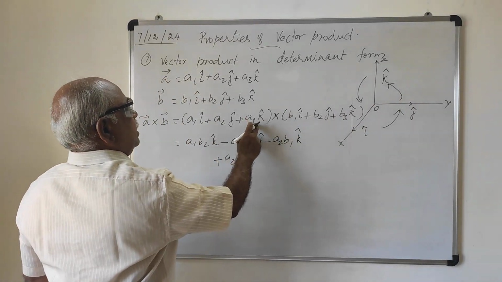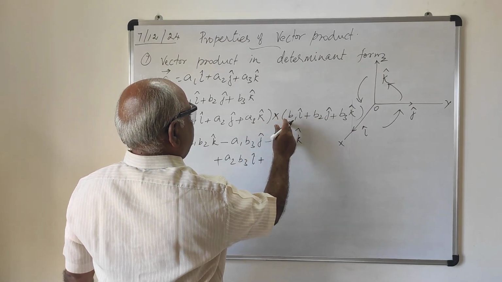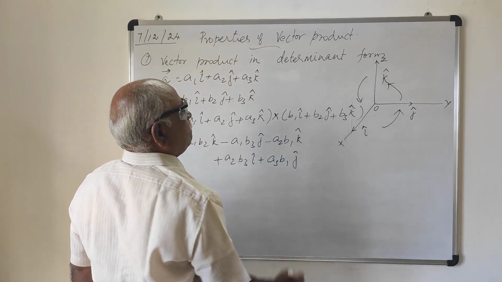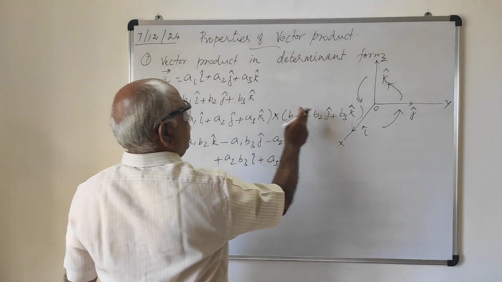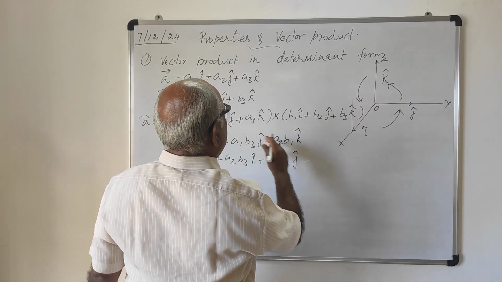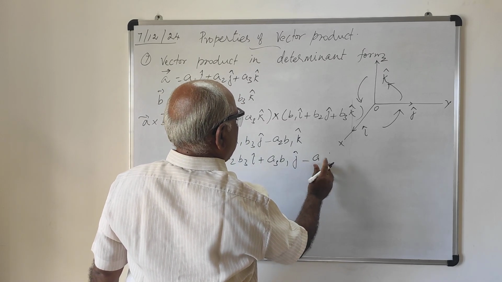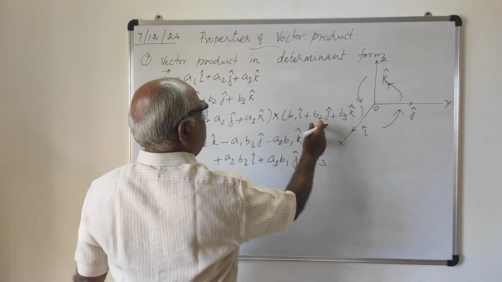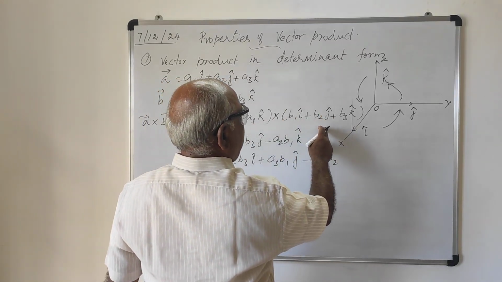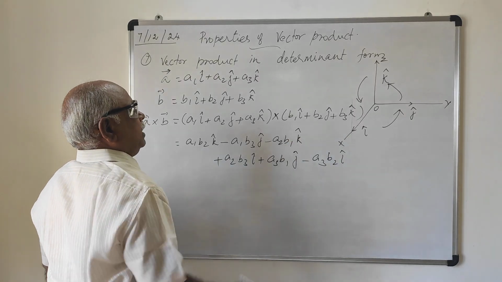And finally k cross i is j, so plus A3 B1 into k cross i is j, and k cross j is minus i, so minus A3 B2 i, and k cross k is 0.